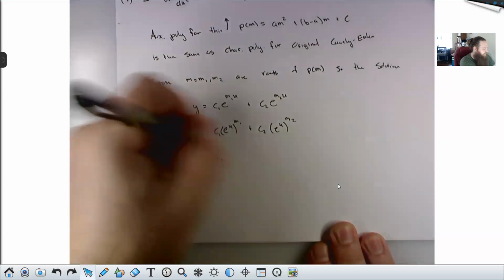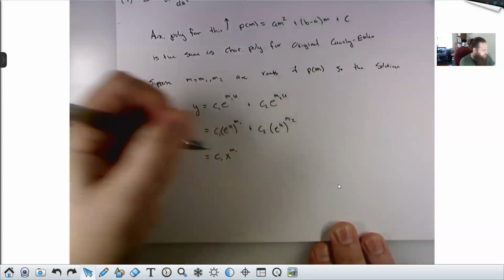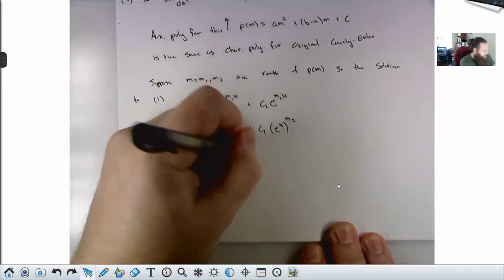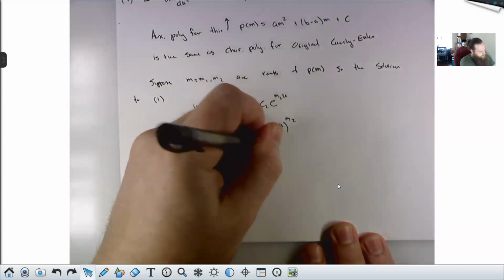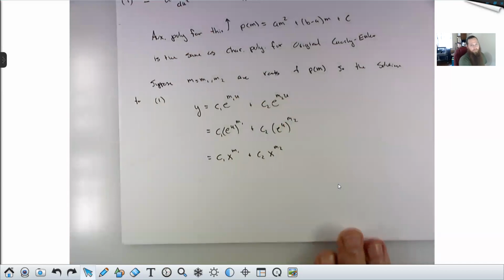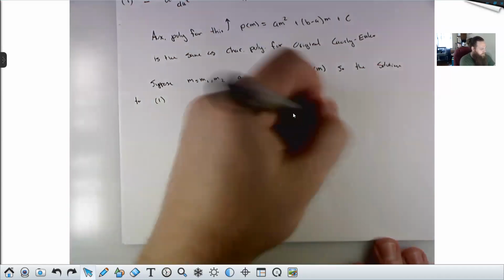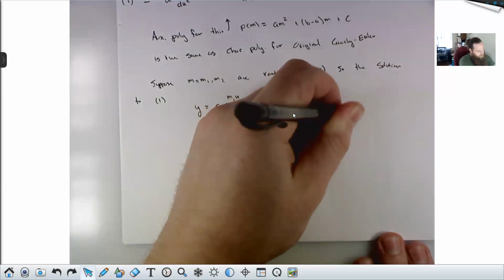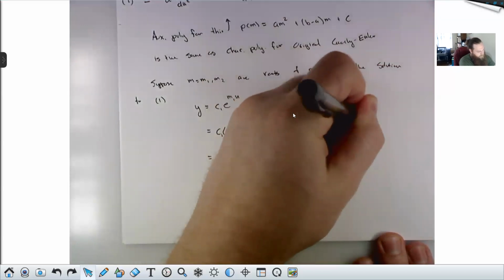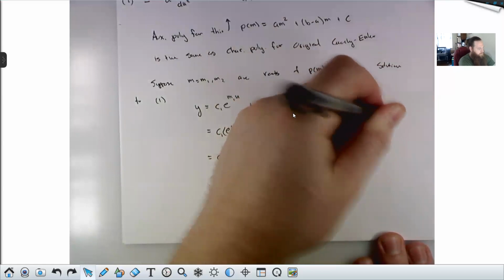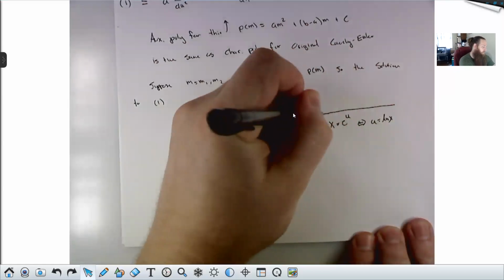And that's c1 x to the m1 plus c2 x to the m2. And that's it. This is the solution we expect from our Cauchy-Euler equation. This is how you would get it as the solution to a constant coefficient problem. And then you just use the substitution, x equals e to the u, or u equals ln x, to go back and forth.